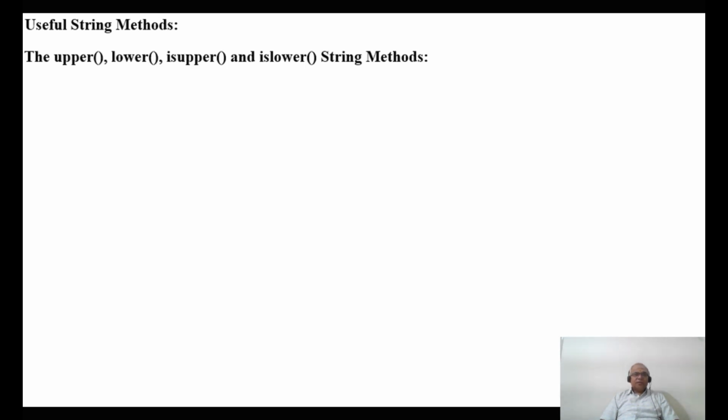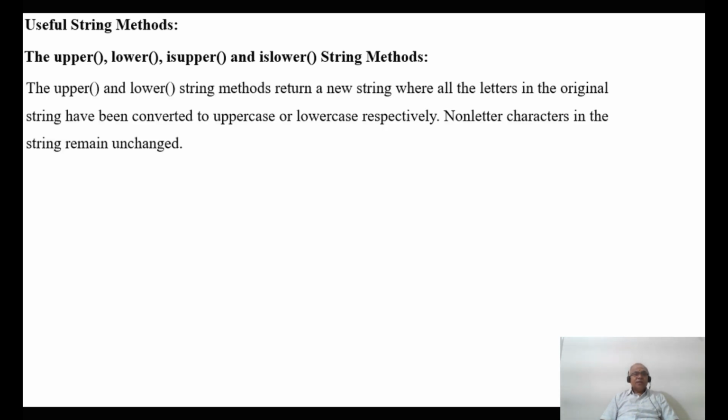Now, we are going to look at some useful string methods. For example, we consider the upper method, the lower method, and the isupper and islower string methods. The upper and lower string methods return a new string where all the letters in the original string have been converted to uppercase or lowercase respectively.